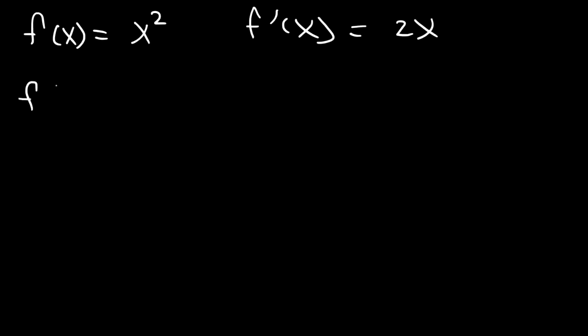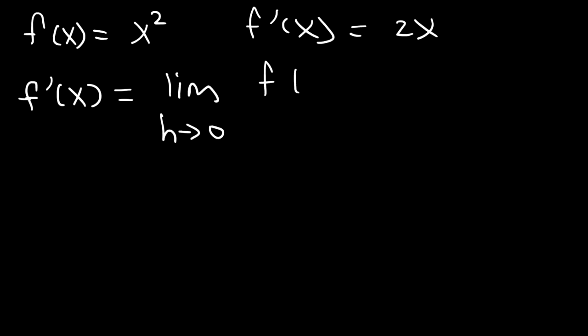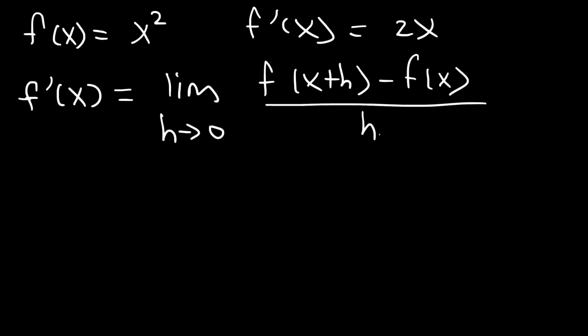You need to use this function: f prime of x is equal to the limit as h approaches 0 of f of x plus h minus f of x all over h. So before you learn the power rule, you're going to learn how to find the derivative using this equation, or the definition of the derivative. And on the free response test, you just have to know how to do it this way. If it's a multiple choice test, you can use the power rule.